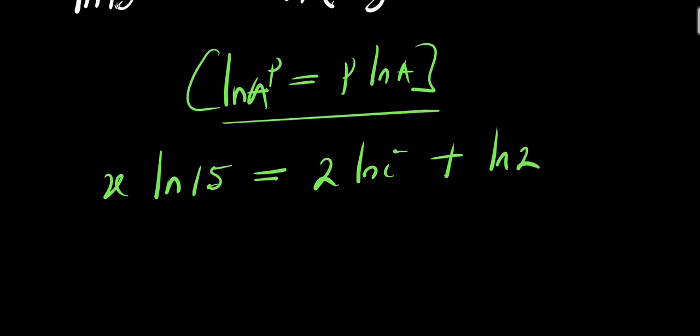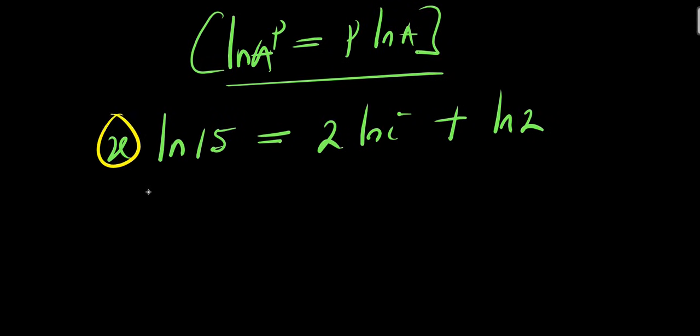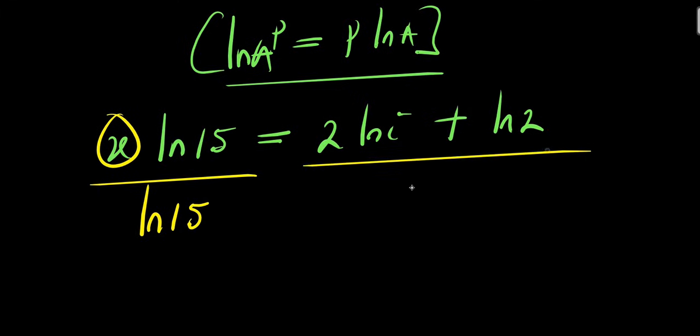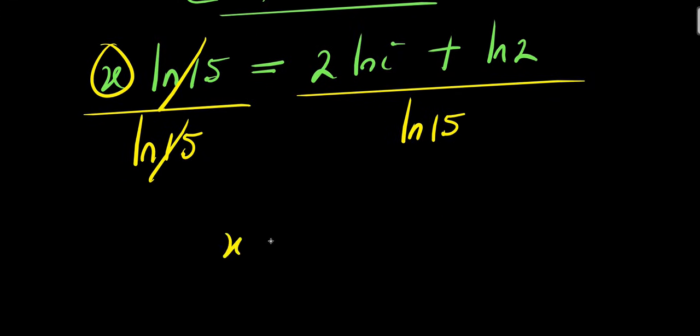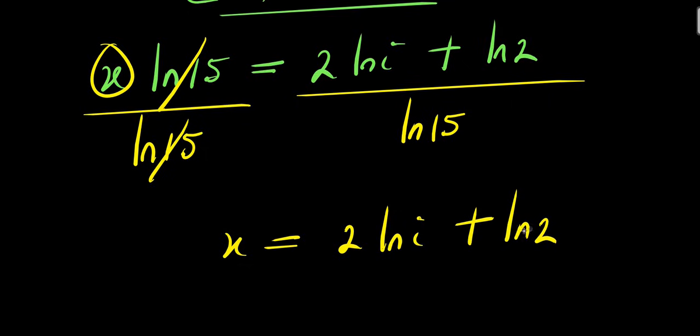So from here, I isolate x by dividing this by natural log 15. Also divide this by natural log 15. This eliminates this. I simply have x equals 2 times natural log i plus natural log 2 divided by natural log 15.